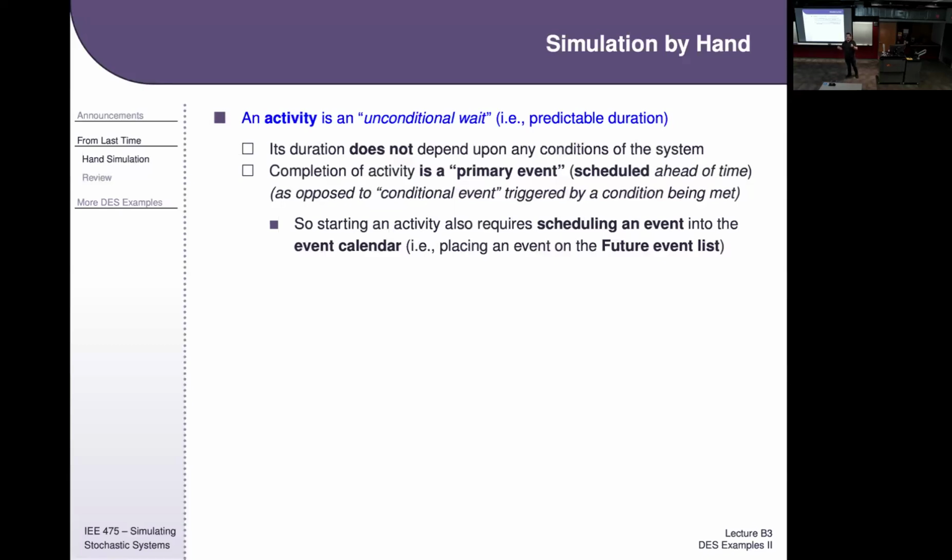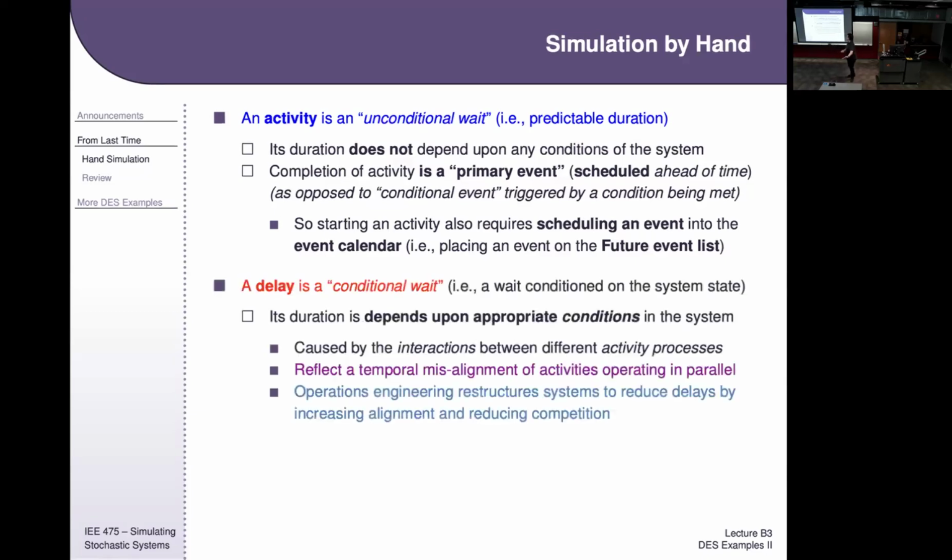It's you saying that I am going to make the system change at a scheduled time in the future. That's due to me ahead of time. It's not due to something going on in the sim. I am scheduling it. So primary events are the events that occur in your system because they are scheduled by you ahead of time.